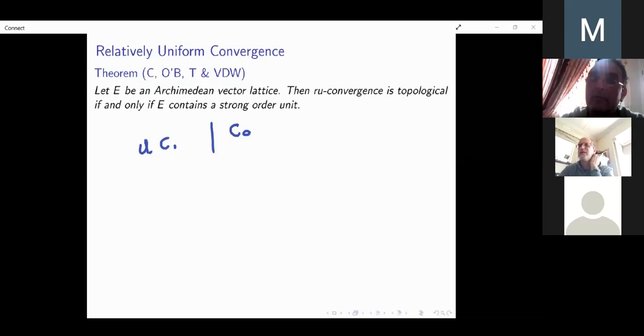Well, certainly if you work in the subspace where E is the weak order unit, and you look at the E-bounded elements, that certainly has a strong order unit in it. And that's a generating space for your original space. So I think Azuzi's right.